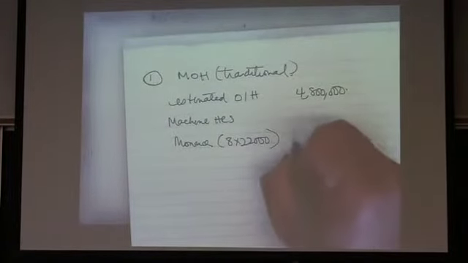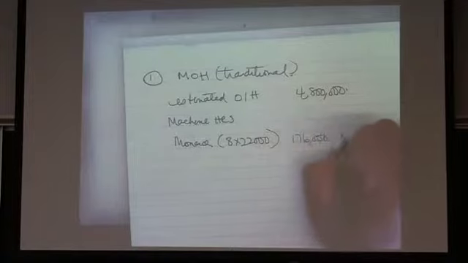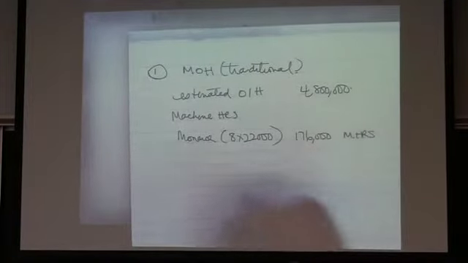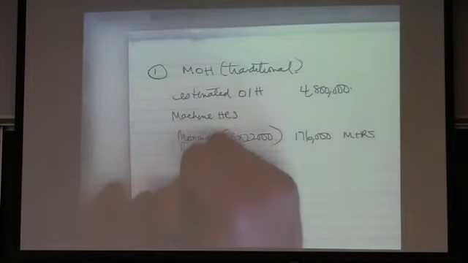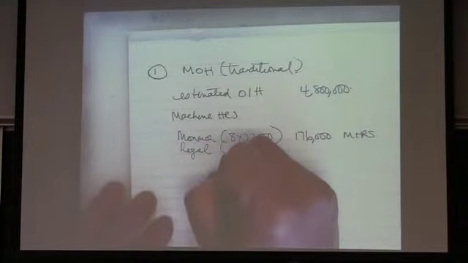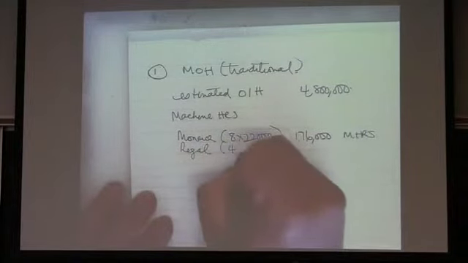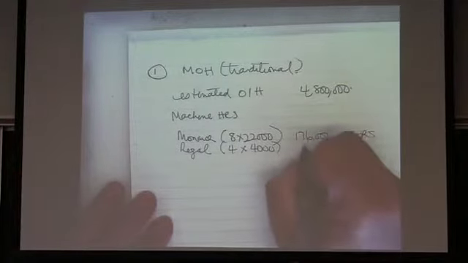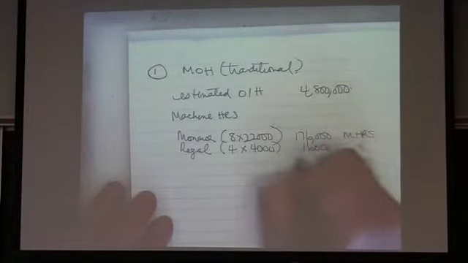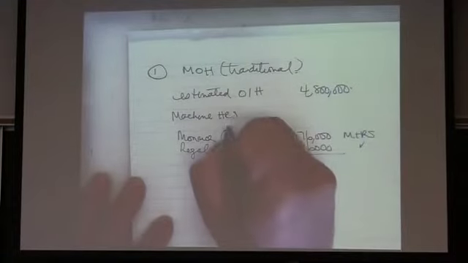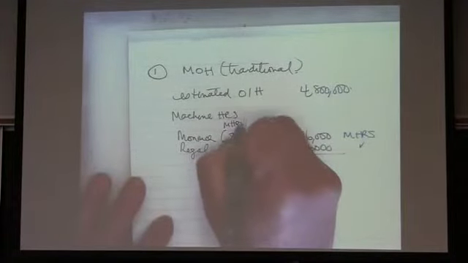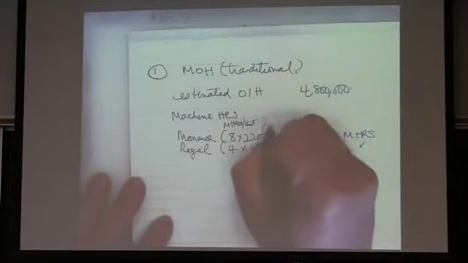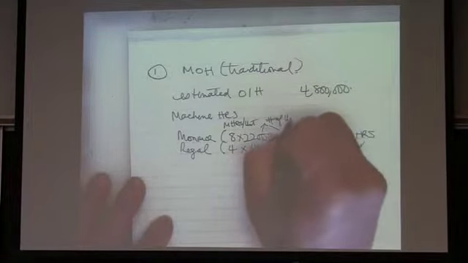Okay, that's 176 machine hours. And for Regal, we know it's 4 hours times 4,000 units. So this is machine hours per unit, and this is number of units. Okay?